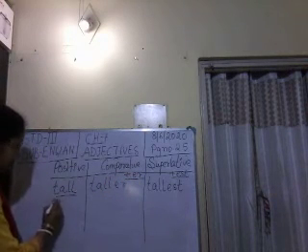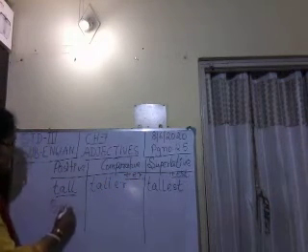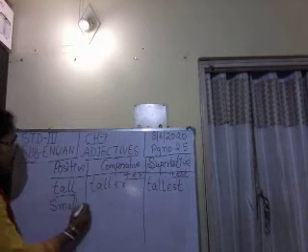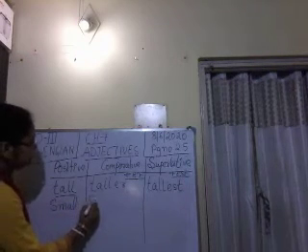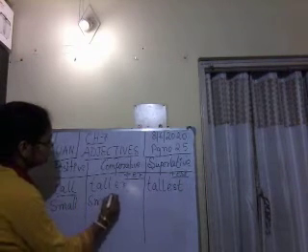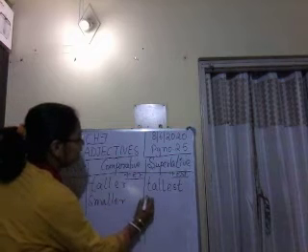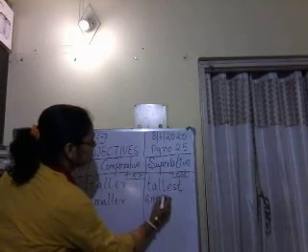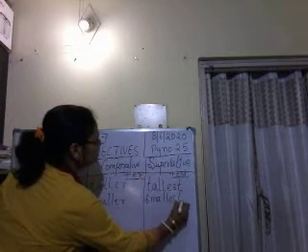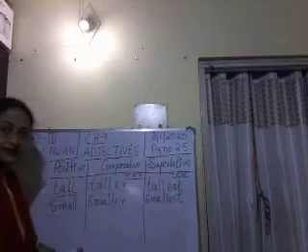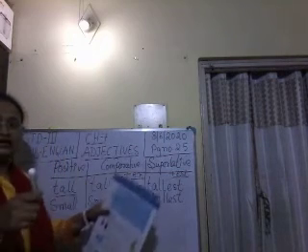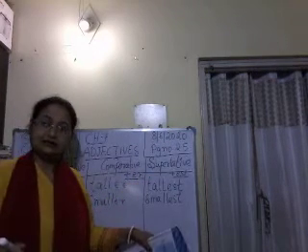Now if I take one more adjective, small, then the comparative will be smaller, then smallest. Suppose there are 3 scales.